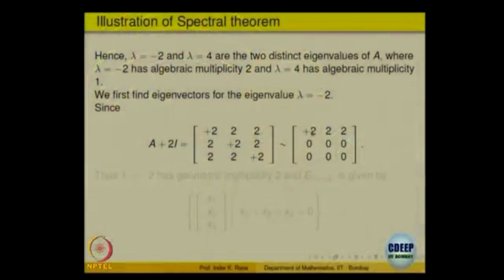So how do you find that? We know the process. What are the variables which are non-pivotal? x1 is pivotal, x2 is non-pivotal, x3 is non-pivotal. Non-pivotal variables will be given arbitrary values and pivotal ones computed in terms of them. Because here the dimension is 2, the methodology is you first give x2 equal to 1, x3 equal to 0 and find out x1 in terms of that.